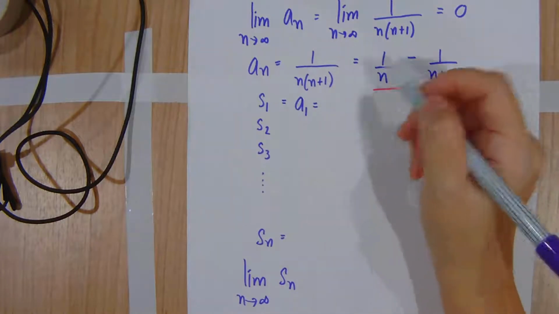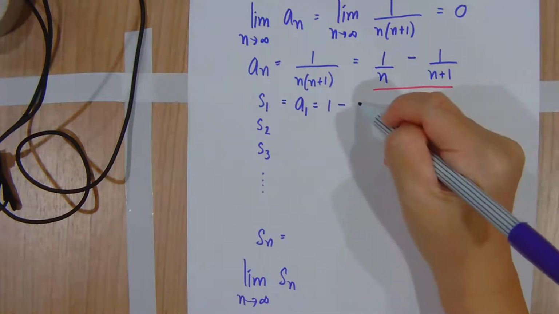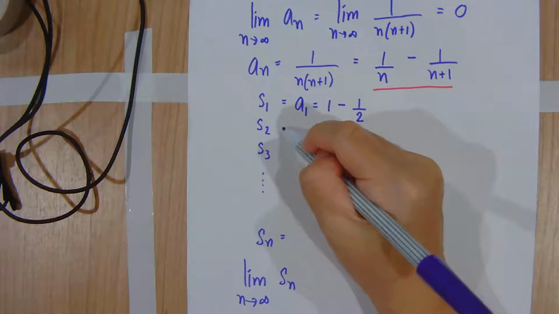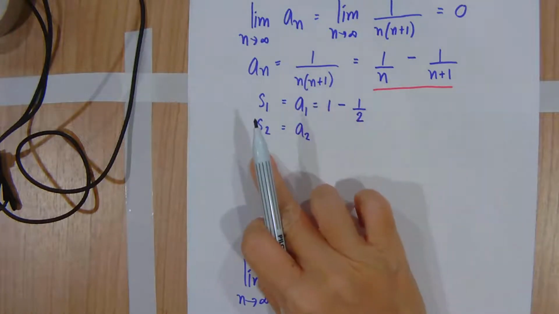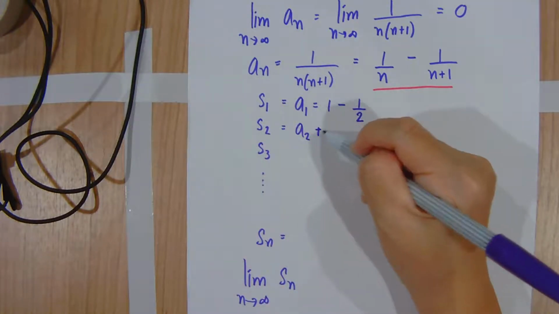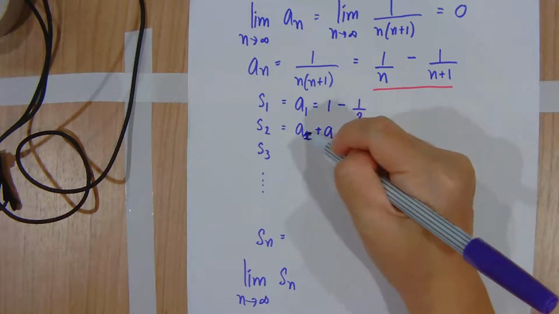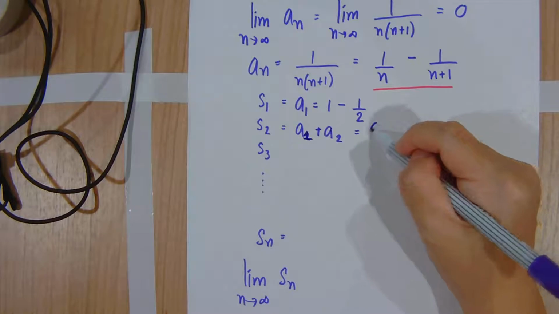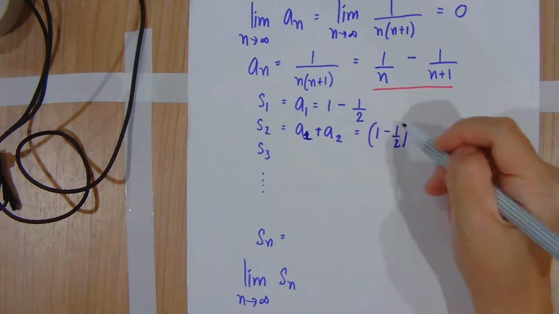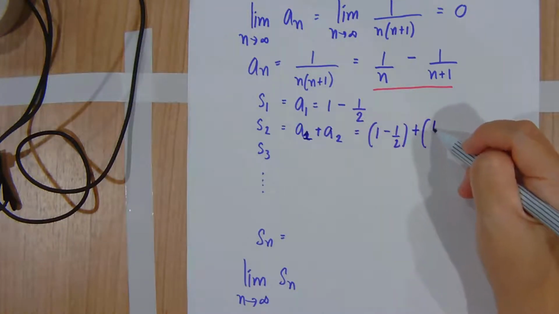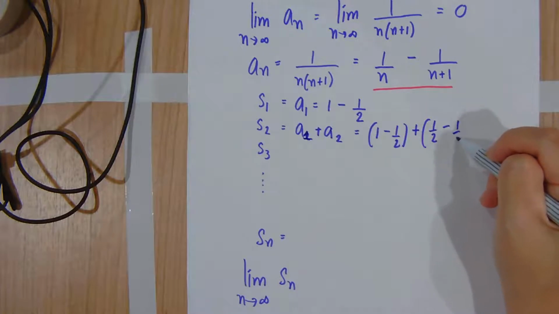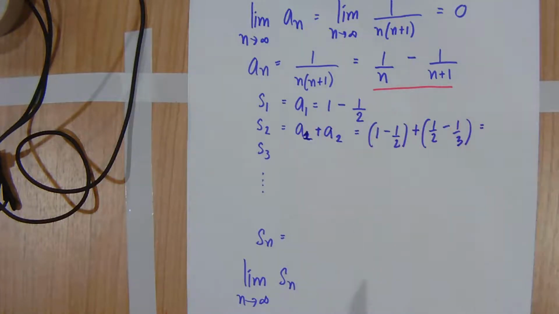is 1 minus 1 over 2. The sum S2 comes from a1 plus a2, where a1 is 1 minus a half and a2 is a half minus 1/3.